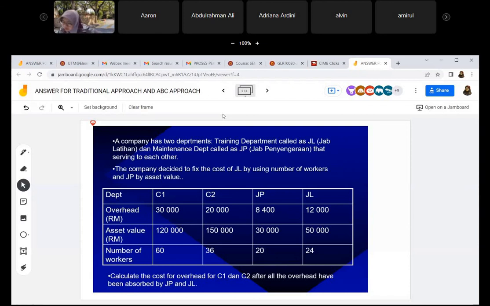You want to check what is the number? Boleh baca. Mungkin sebelum pergi jauh, nanti tengok salah pula kan. You want to read the percentage? JP to JL, JL to JP.